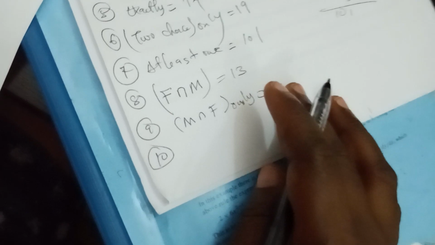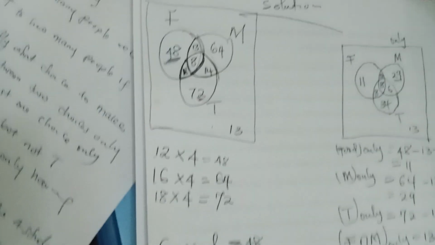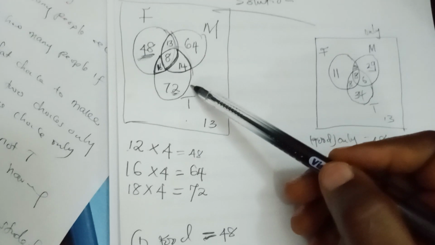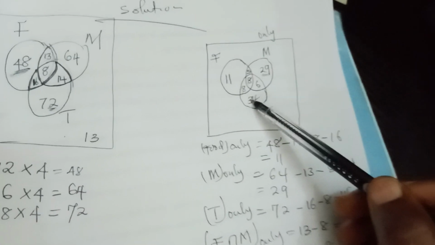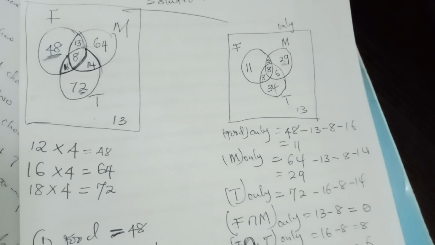Then let's continue. Number 10 says how many people were interviewed. If you're not careful, you choose the rough table and this will give you a wrong total, but this is giving you the exact people that were interviewed. Now remember, when we added everything inside, we got 101, but then we have something outside.